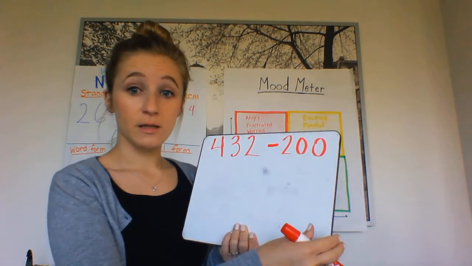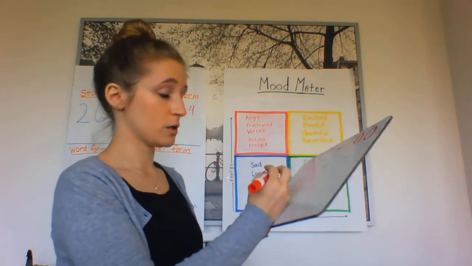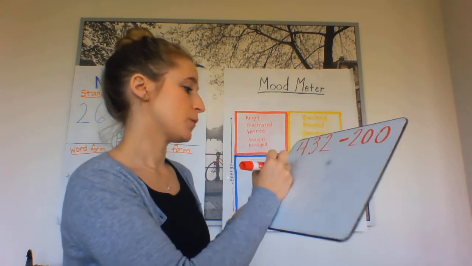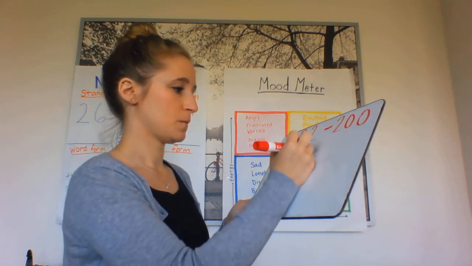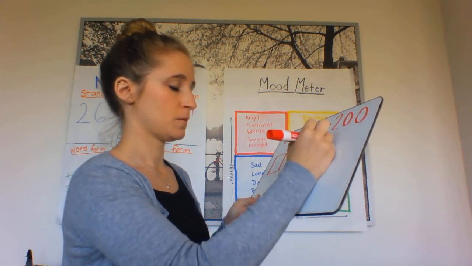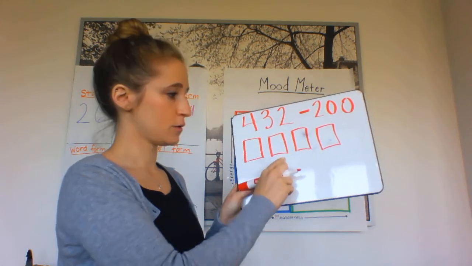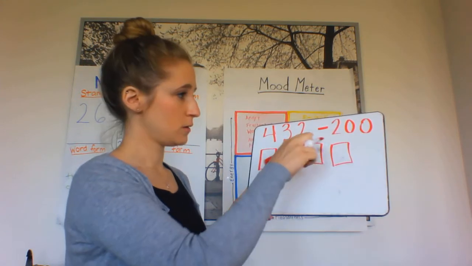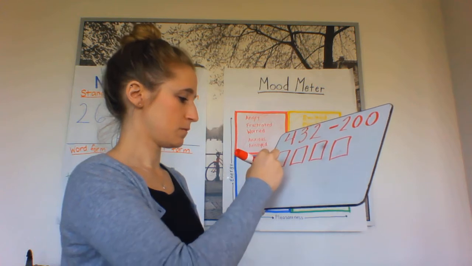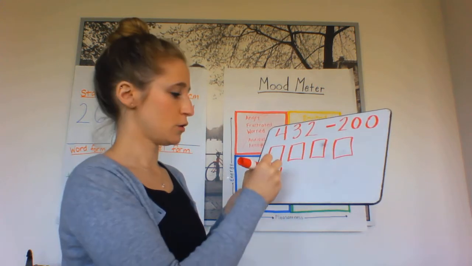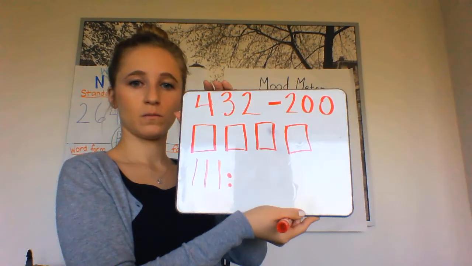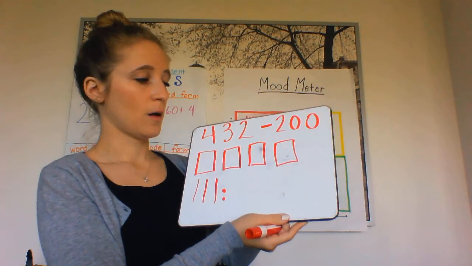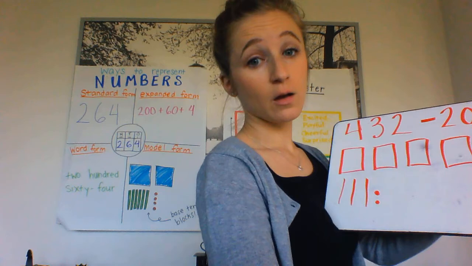Okay, let's check your work. Hopefully you paused and tried to do it on your own. So, 432. I have 1, 2, 3, 4 hundreds, 3 tens, and 2 ones. I'm going to subtract or take away 2 of those hundreds.